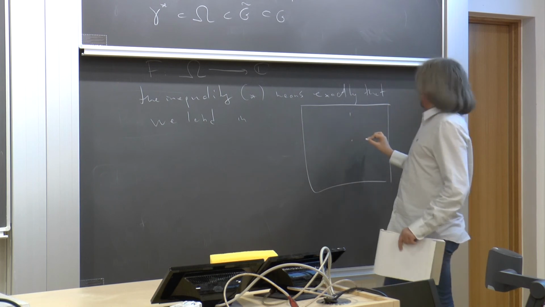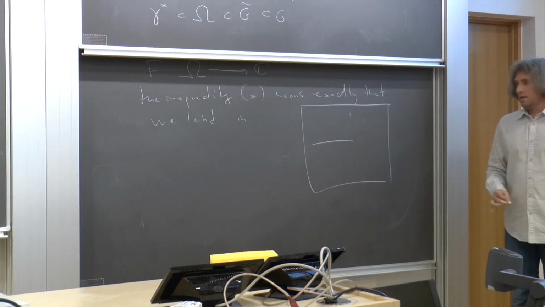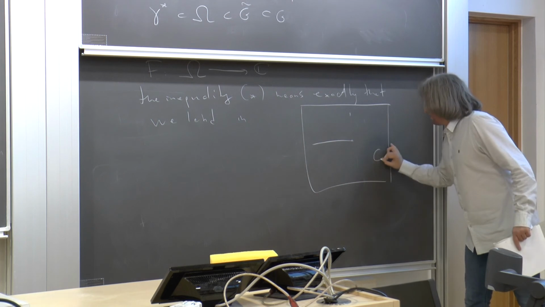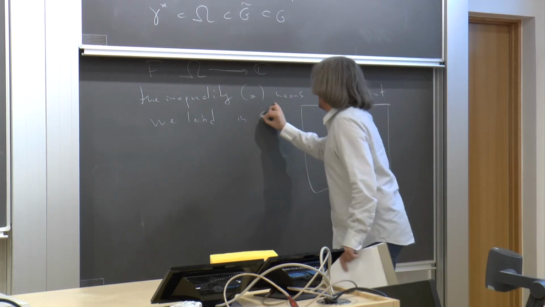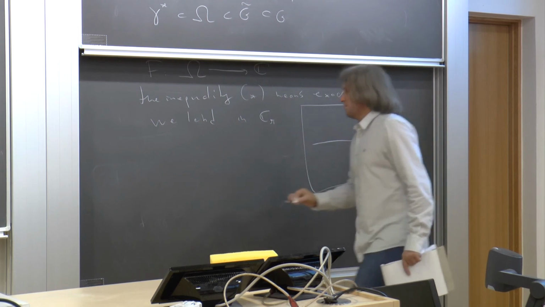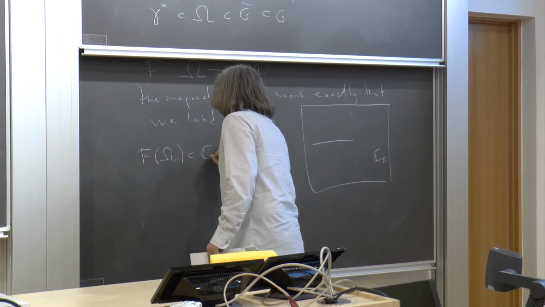So it's the point 1 minus the negative ray. We had a name for it. This domain was called C pi. So F of omega is inside C pi.